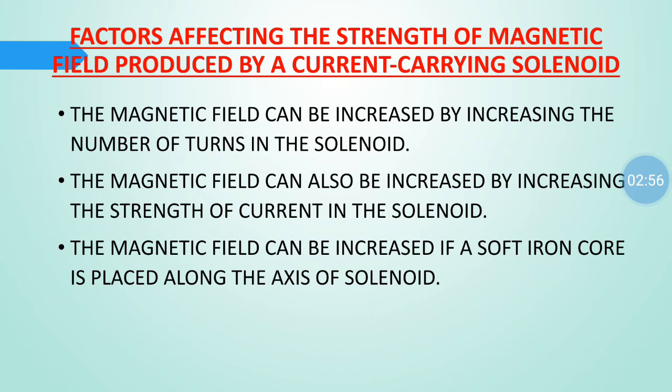Now, what are the factors which affect the strength of magnetic field produced by a current carrying solenoid? The magnetic field can be increased by increasing the number of turns of the solenoid. That is, it depends on the number of turns of the solenoid.